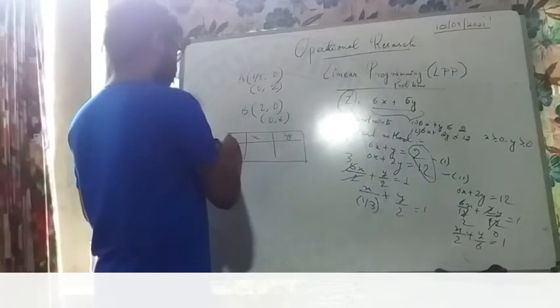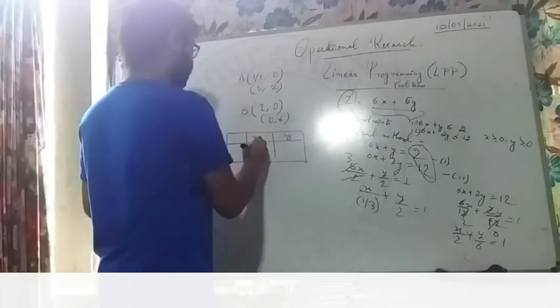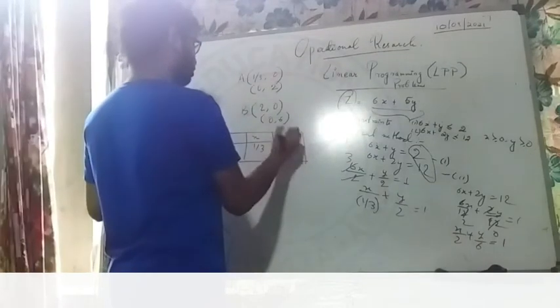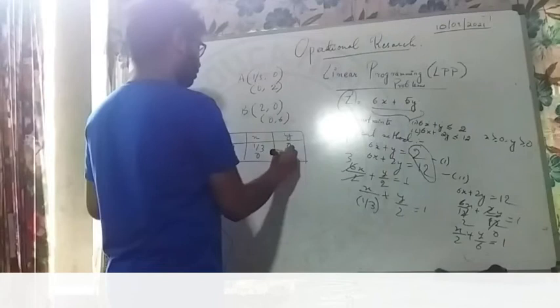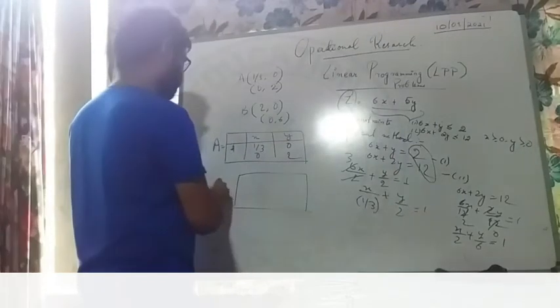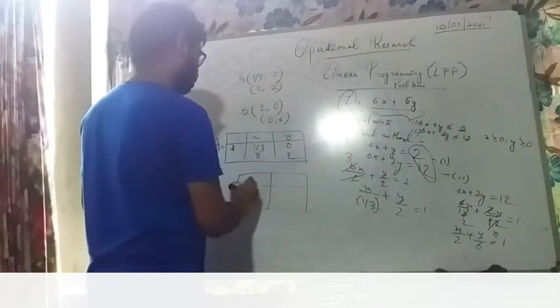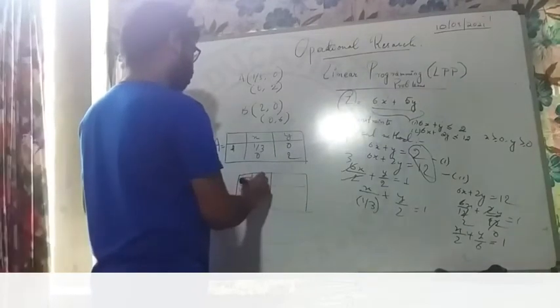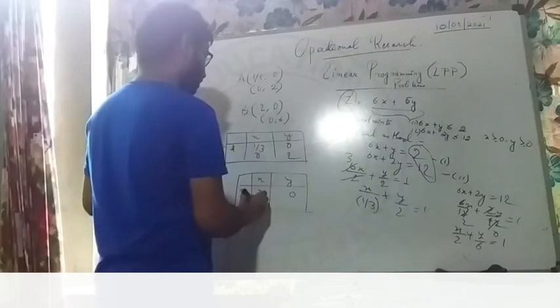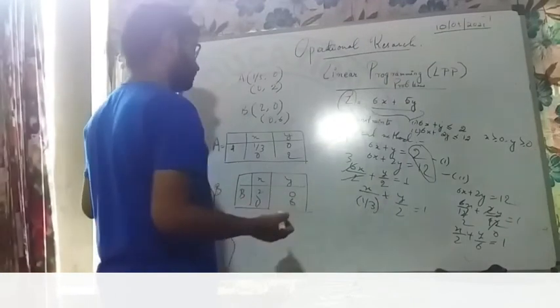For A, when x is 1 by 3, y is 0, and when x is 0, y is 2. Draw a similar table for B. When x is 2, y is 0, and when x is 0, y is 6.